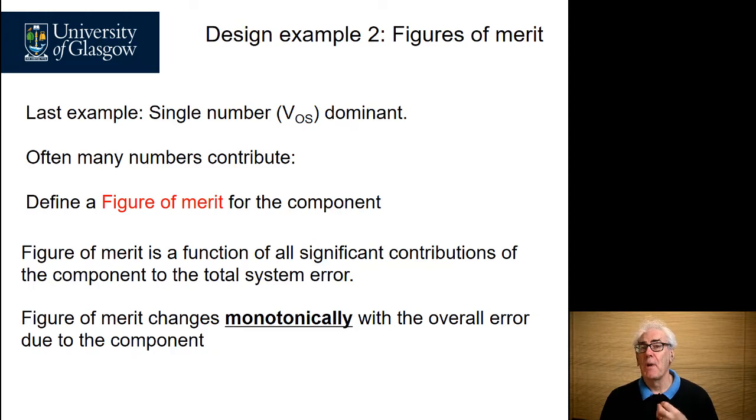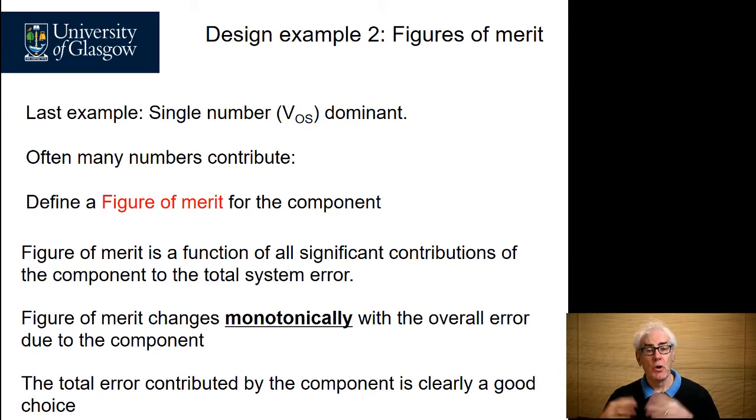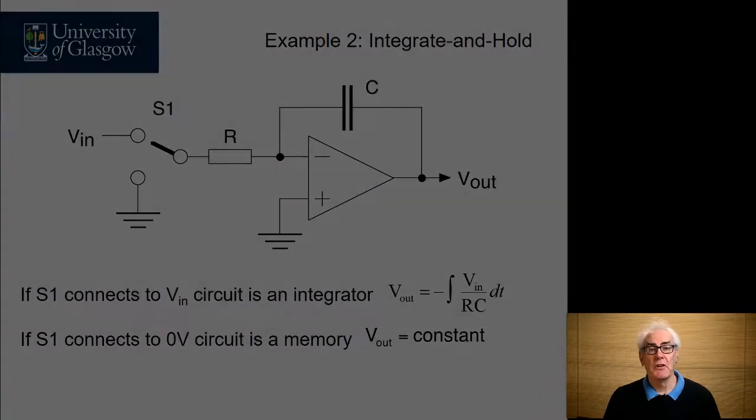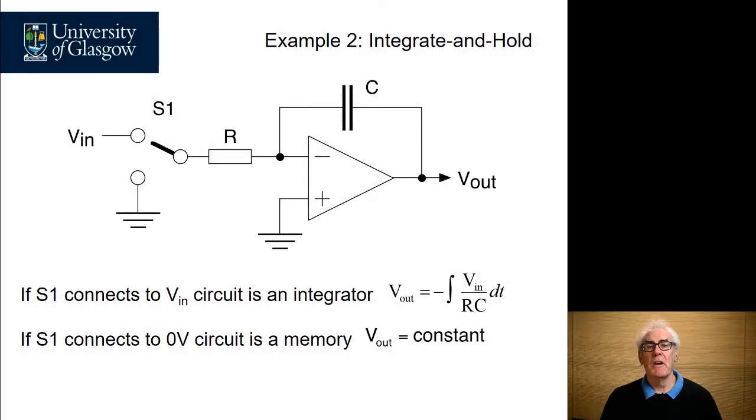Figures of merit must change monotonically, in other words, they must continue to increase or decrease with the overall error due to the component variations. So we want to look at the total error contributed by the component, which is clearly a good indication of the correct component choice.